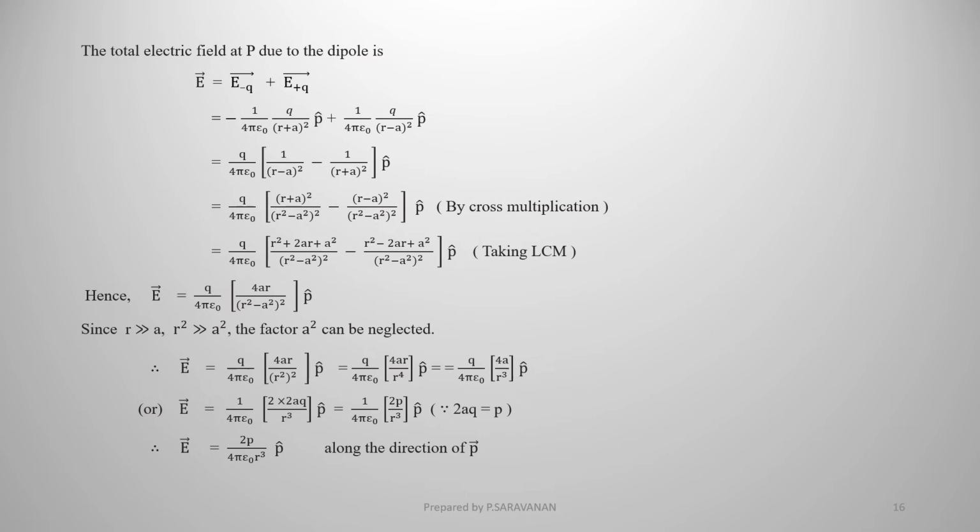By substituting and minimizing the steps, the final equation for electric field is given as E vector equal to 2p by 4 pi epsilon naught r cube into P cap. This acts along the direction of the dipole moment P vector.